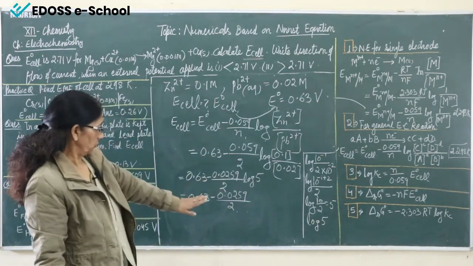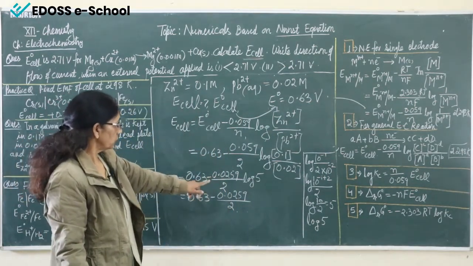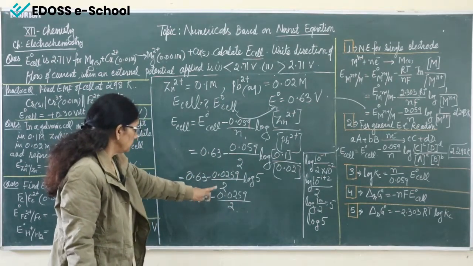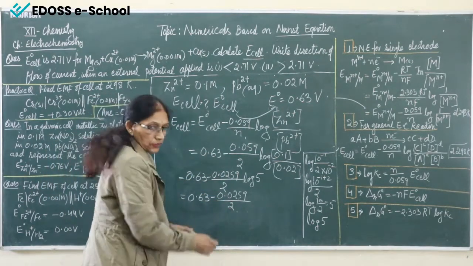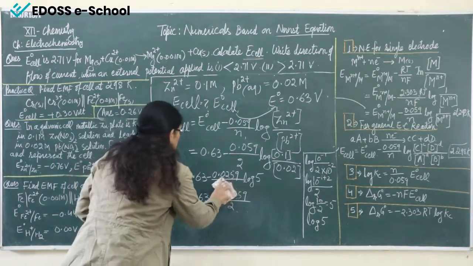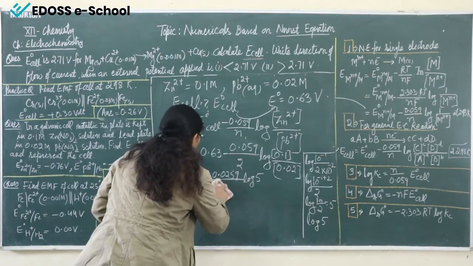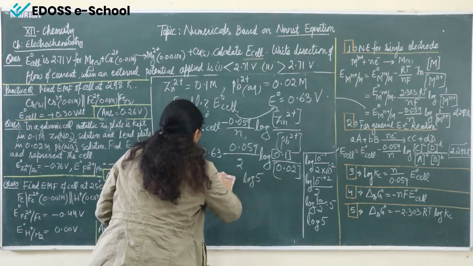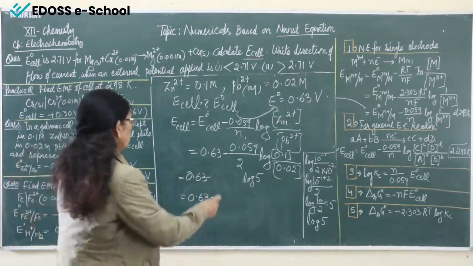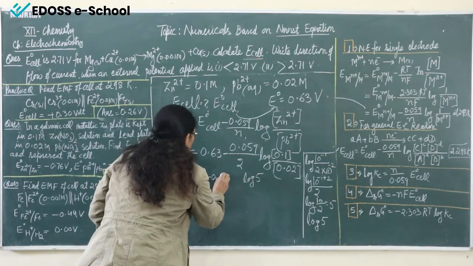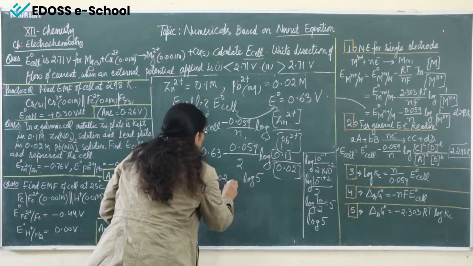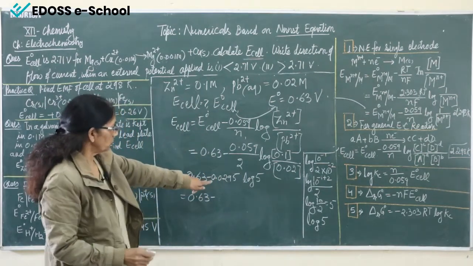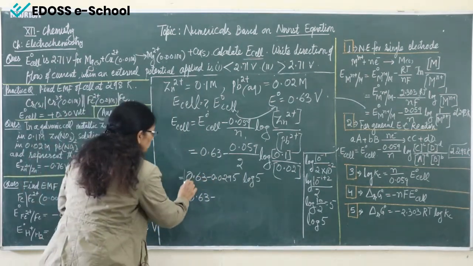And remember one more thing, what students do, sorry, here 2 will not come here, I have divided it, so it will be minus 0.095. Okay. So what students do, they solve this part first.